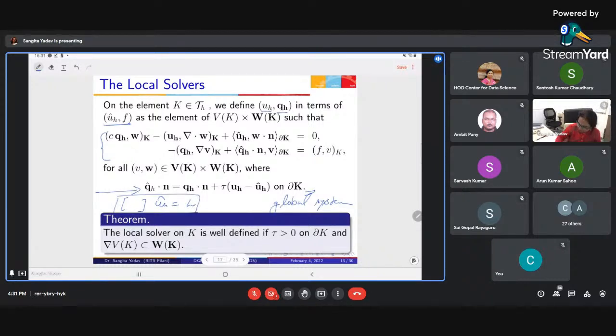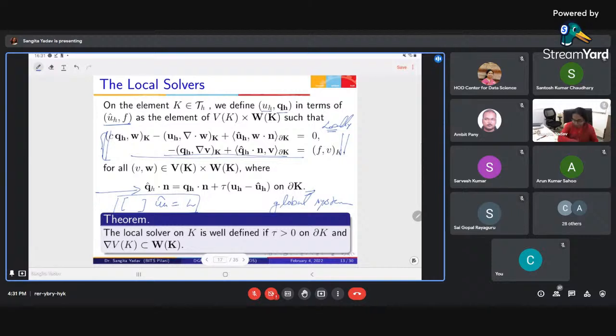And then we will be solving the system locally, which has very small size. It is going to be simply 9 by 9 if you are using linear polynomials. That's it. So locally you can solve it very easily because it is a small system. But if you go for the DG method, you try to get the solution over here, it is going to be comparatively large.